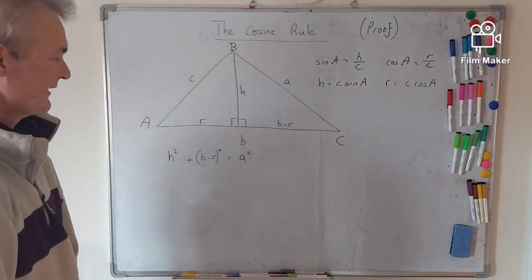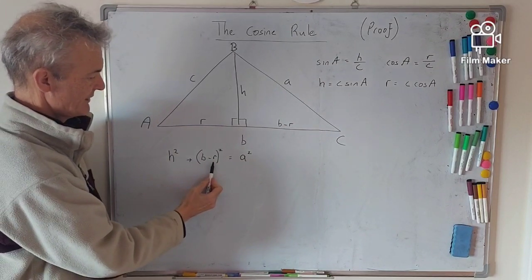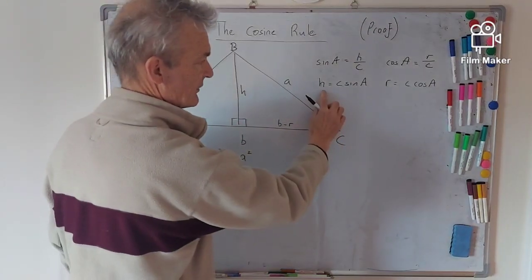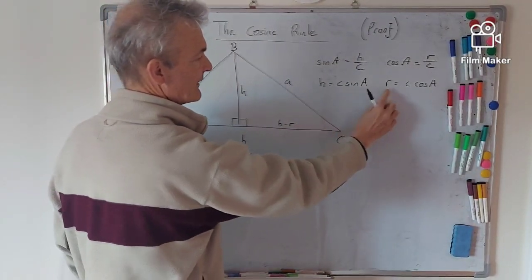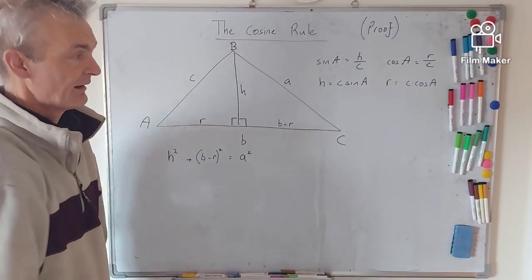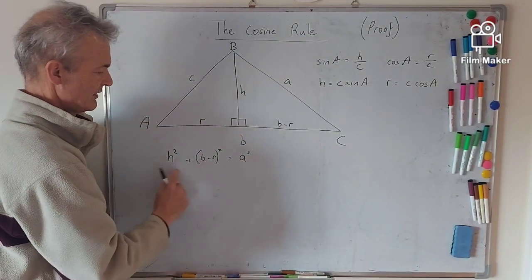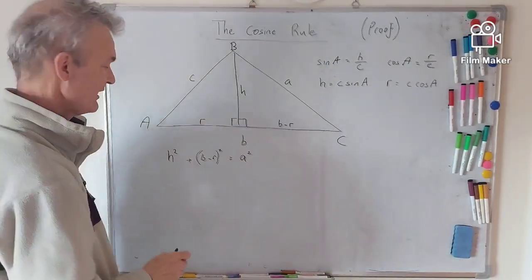Now if you notice, in here I've got an H and I've got an R. Well, I've got an H over here equals this, and an R equals this. So what I'm going to do next is I'm just going to substitute these into this equation here.